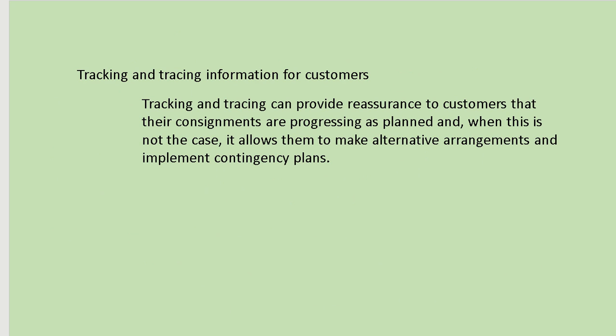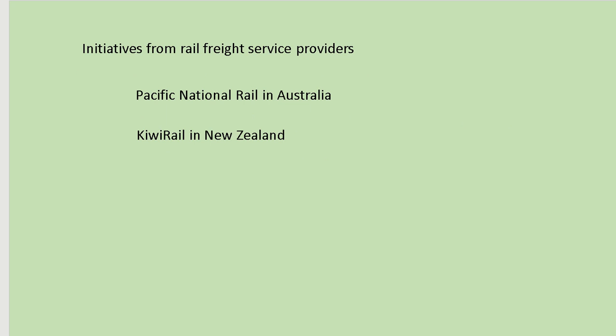Another issue regarding rail is the tracking and tracing of information for customers. Track and trace can provide reassurance to customers that their consignments are progressing as planned. This is what we refer to as visibility. And when this is not the case, it allows them to make alternative arrangements and implement contingency plans.